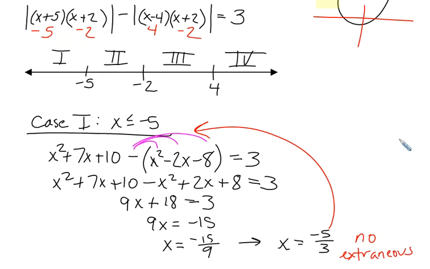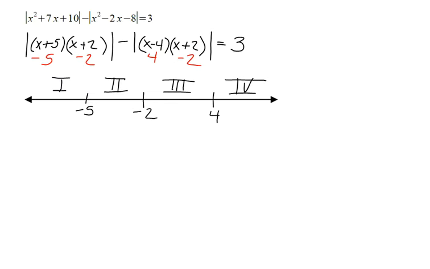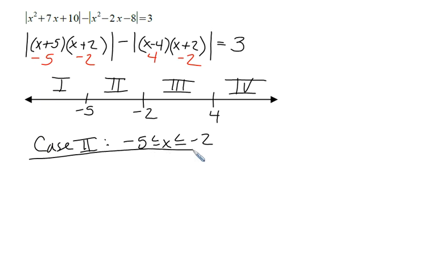Let's turn our attention to case 2. So for case 2, we're operating with -5 being less than or equal to x being less than or equal to -2. So if we took a number between -5 and -2, we would plug it in. But remember the other way to think about things. We jumped across -5, which means we jumped across that key number.